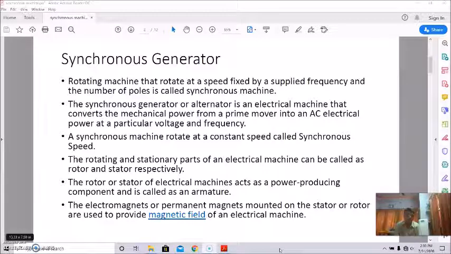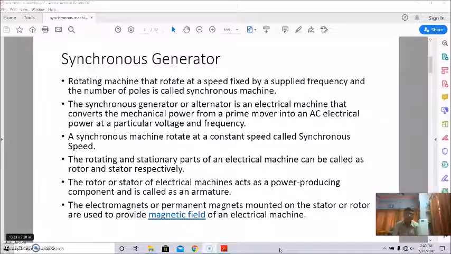This machine always rotates at synchronous speed, governed by the supplied frequency and the number of poles of the machine. A synchronous generator or alternator is an electrical machine that converts mechanical power from a prime mover into AC electrical power at a particular voltage and frequency. Synchronous machines rotate at a constant speed, which is why it is called the synchronous speed.